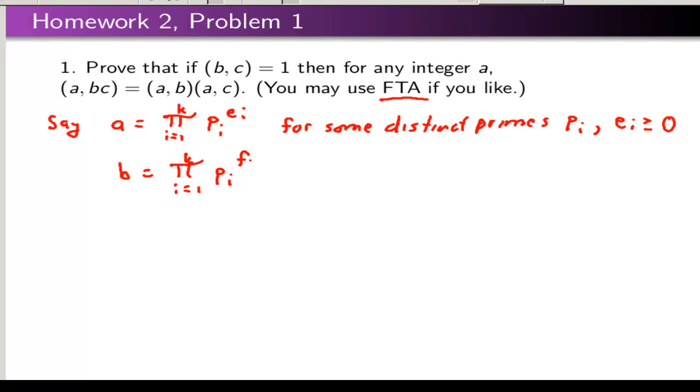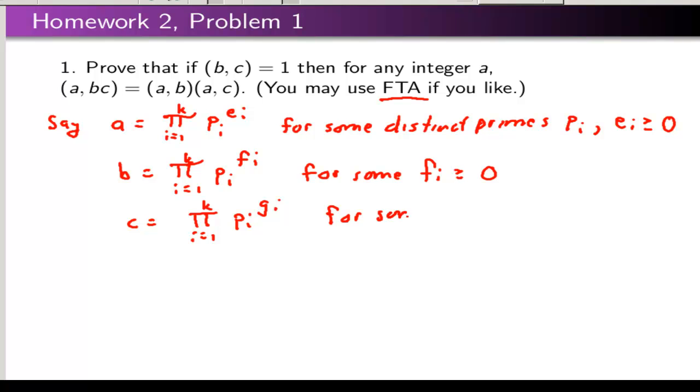But the powers are going to be different. So b is the product of pi to the fi, and c is the product of pi to the gi. We've already introduced the pi's in the first one, so this is just for some fi greater than or equal to 0, for some gi greater than or equal to 0.